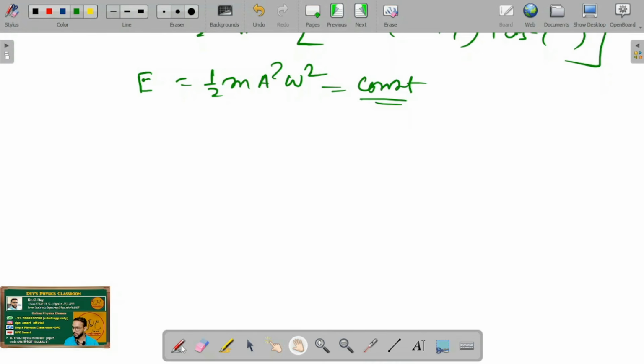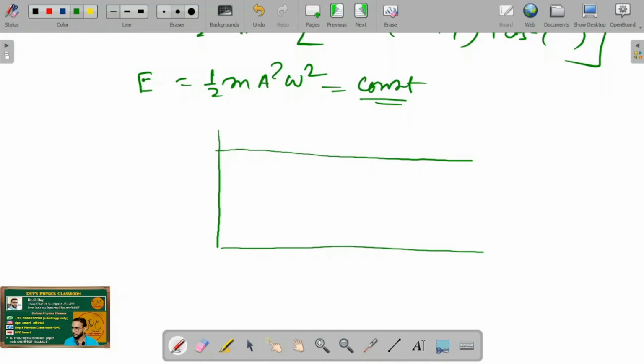For that case, you can draw it like this. This is energy E, maybe kinetic or potential, along the y direction, and along the x direction it would be the phase, that is omega t plus phi.